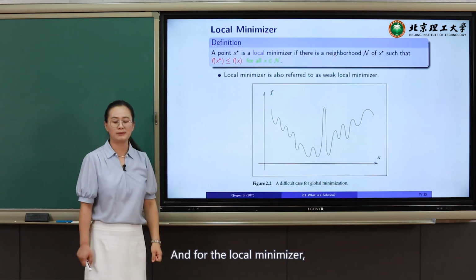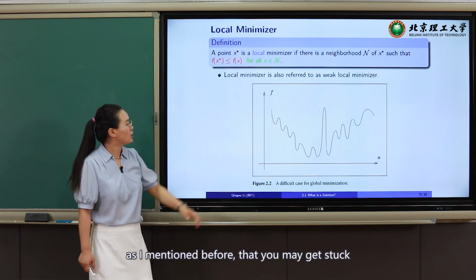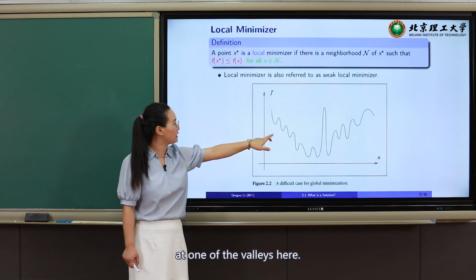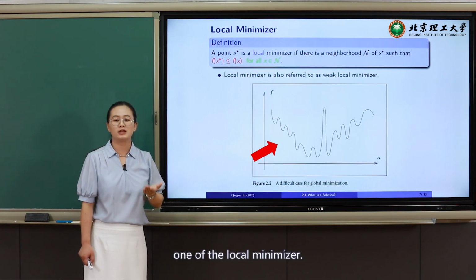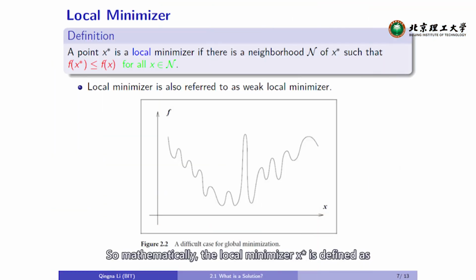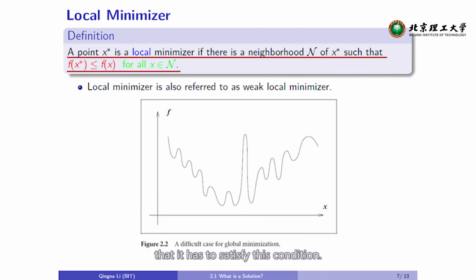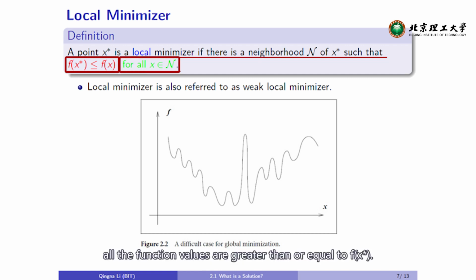And for the local minimizer, as I mentioned before, you may get stuck at one of the valleys here. So the bottom of this valley is actually one of the local minimizers. Mathematically, the local minimizer x star is defined as one that has to satisfy this condition. The condition actually means that we can find a neighborhood of x star such that within this neighborhood, all the function values are greater than or equal to f(x star).